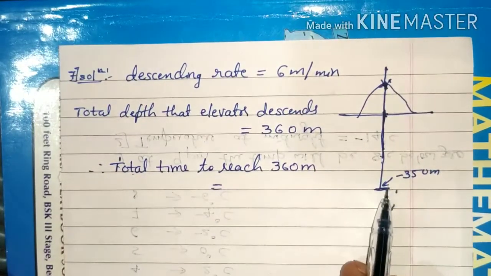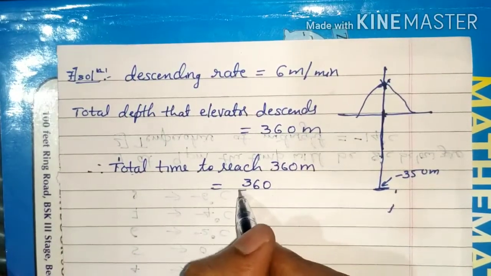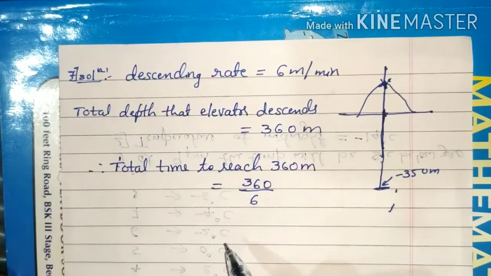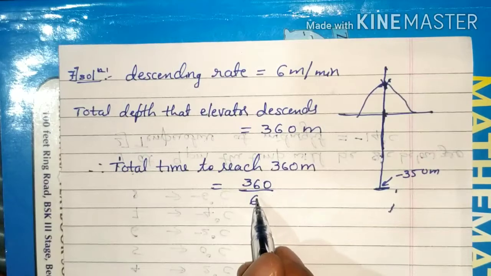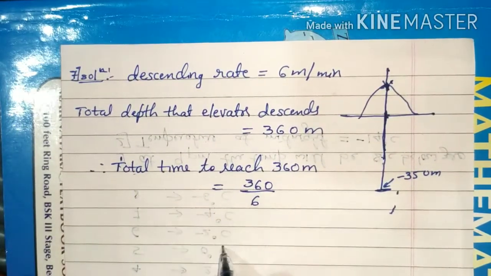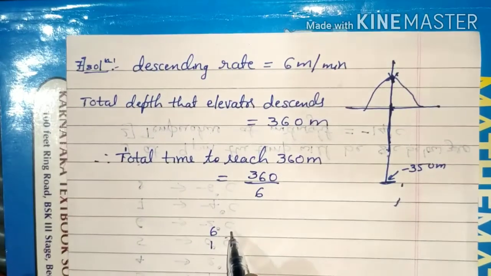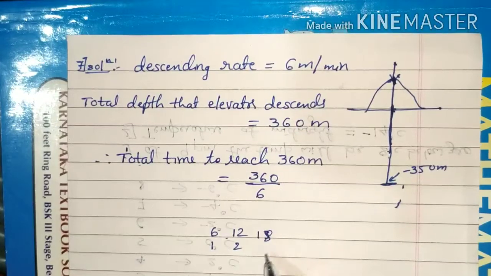So the total time to reach 360 meter is equal to 360 meter divided by 6, right? Per minute 6 meter. So we have to divide by 6 meter per 1 minute. Then 12 meter is 2 minutes, 18 meter is 3 minutes, like that.